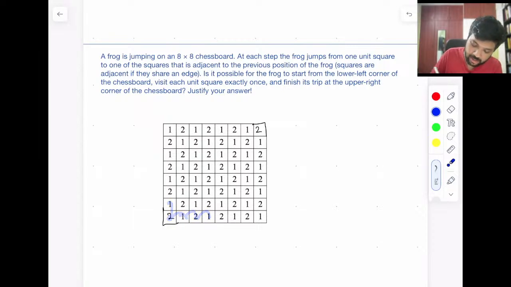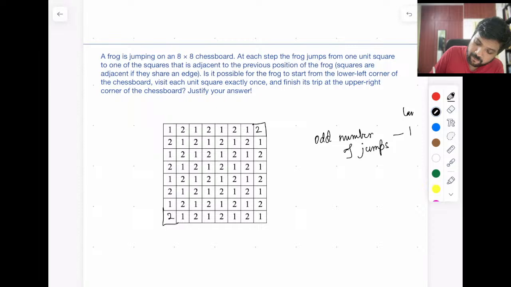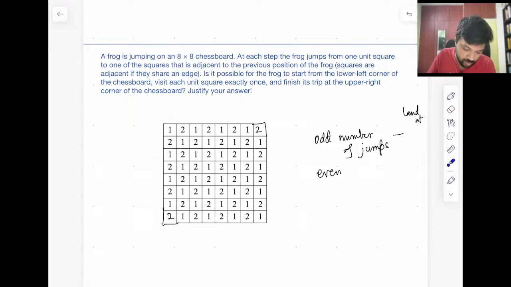So when you do an odd number of jumps, you land at 1, and with an even number of jumps, you land at 2.